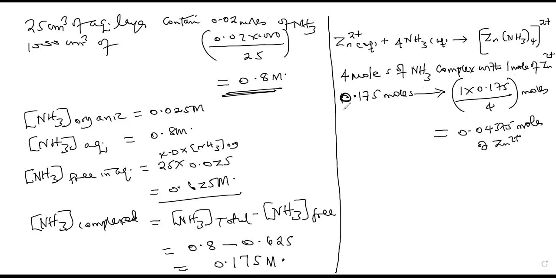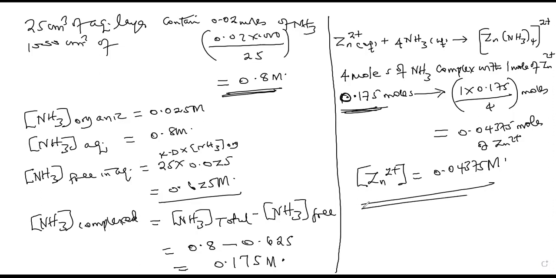But remember, we use the concentration, moles per liter. So the same applies to this. The concentration of zinc ion is going to be 0.04375 molar. And that is it. Then they wanted us to get the percentage of zinc in the ore.